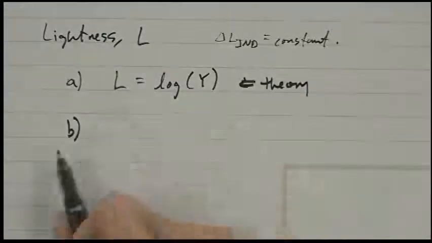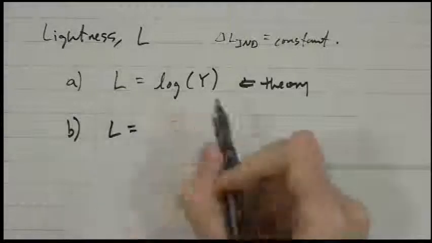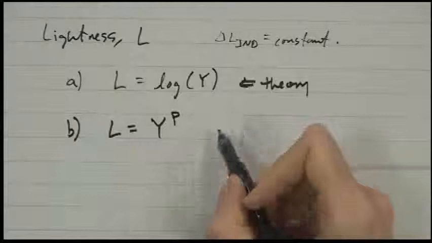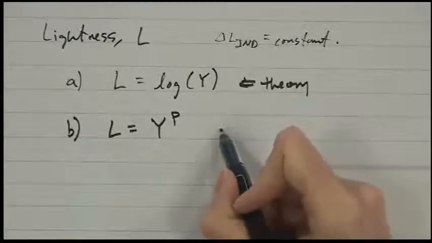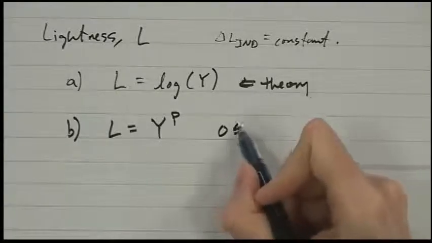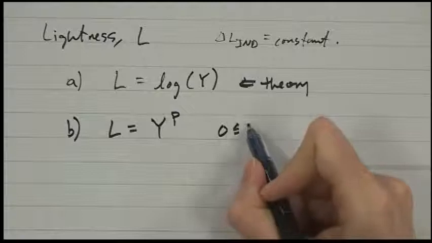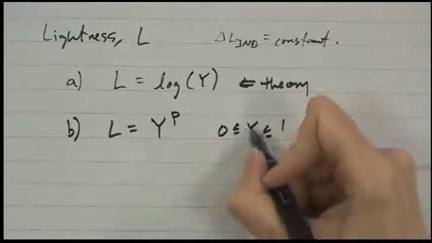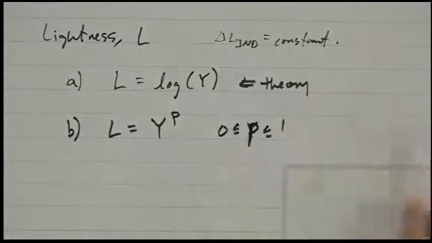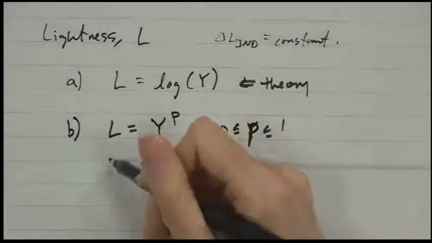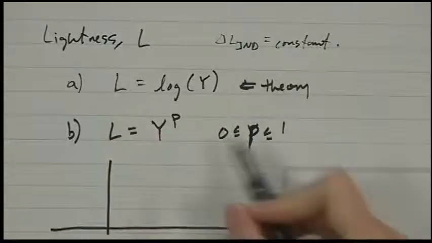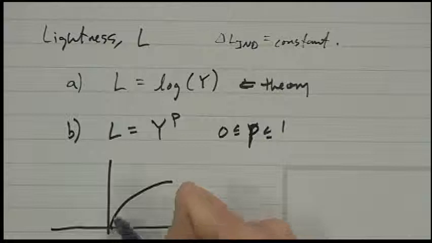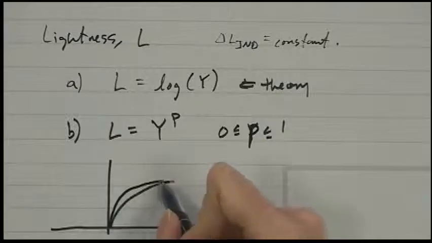In practice, we use a power law relationship, L equals y to the p, where p is some number between 0 and 1. So you get some sort of a relationship that might look like this. For a different p, it might do something like that.